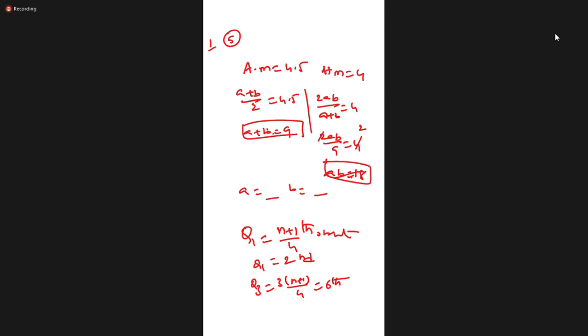So whatever data given, if you write in ascending order, what you will get? 7, 10, 12, 15, 17, 25. This is the data. So the second one is 10. So Q1 is 10. The sixth one is 17.